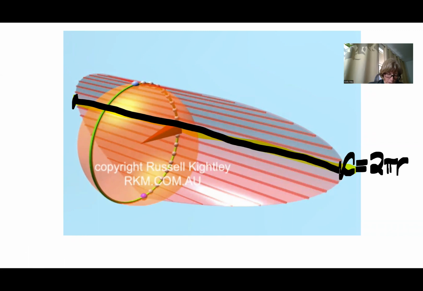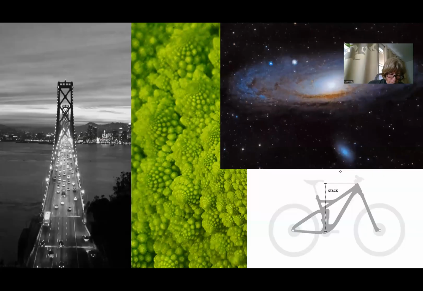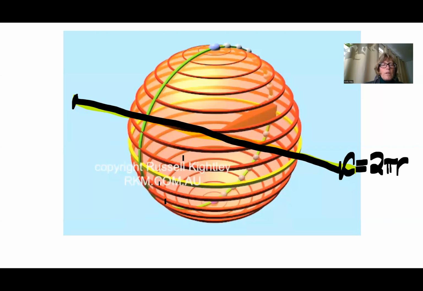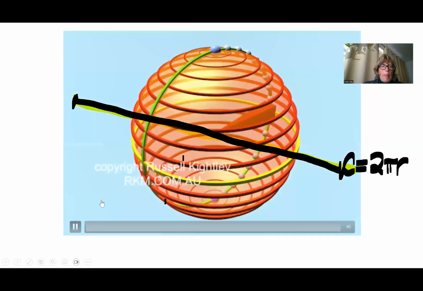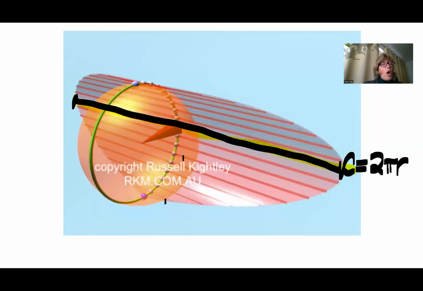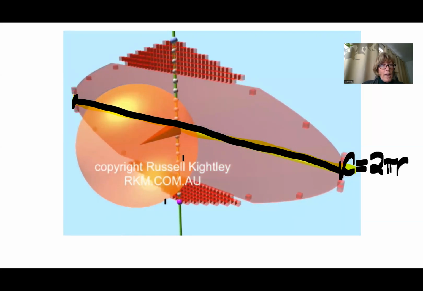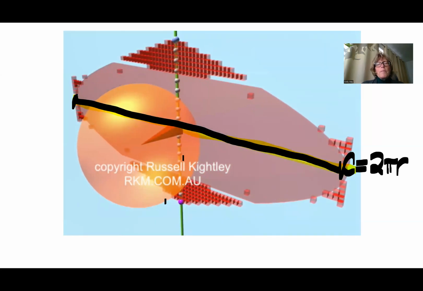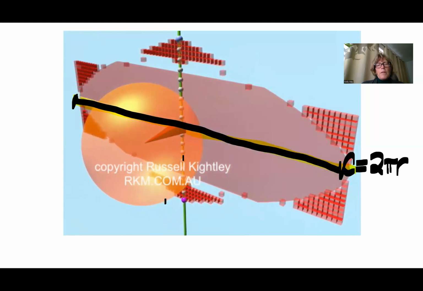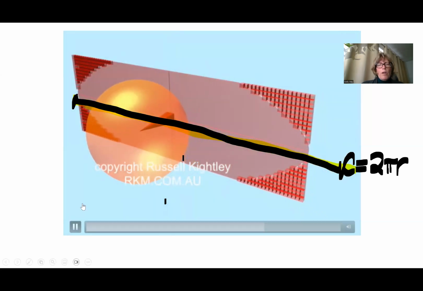Just kind of watch as we go on here. And it unwraps. That's 2 pi r. And then it's going to take every piece on the outside and unwrap it here. Rearrange all those pieces of area. So that one edge length is 2 pi r.